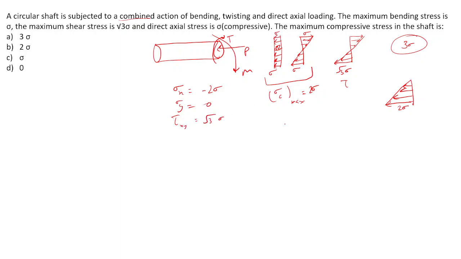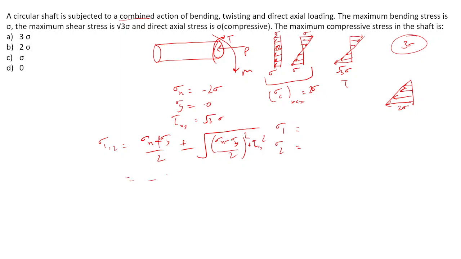Simply, principal stresses sigma 1 and sigma 2 we can find, right? The formula you know, right? Sigma 1, 2 is equal to sigma x plus sigma y by 2, plus minus root of sigma x minus sigma y by 2 whole square plus tau xy square.